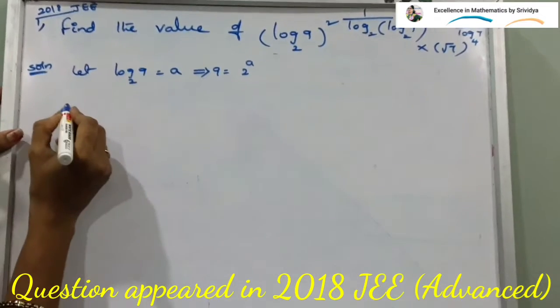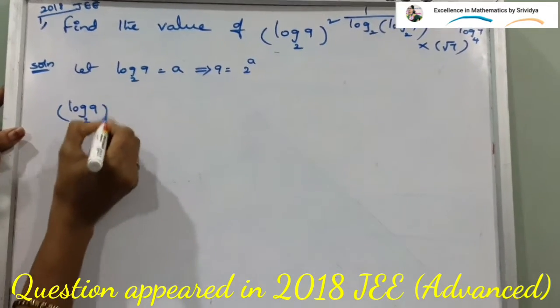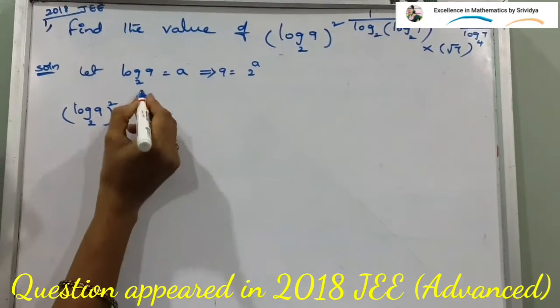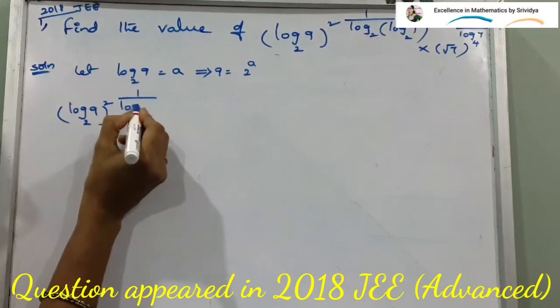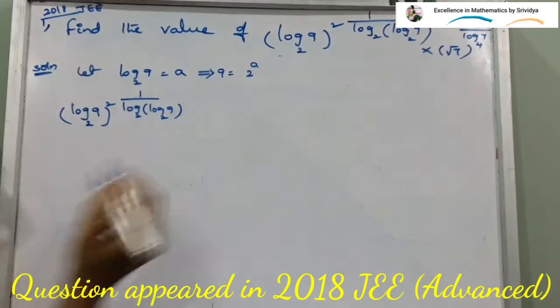Now the first logarithmic function is (log 9 base 2 whole square) whole power log 2 of log 9 base 2.